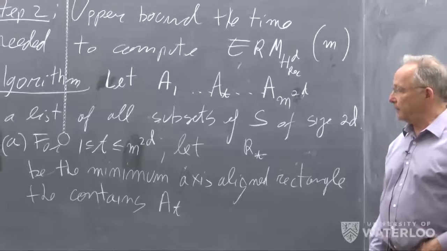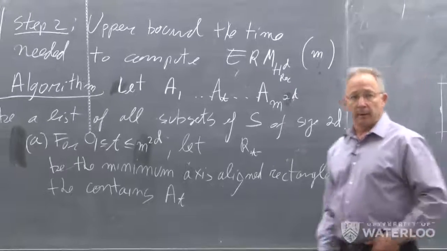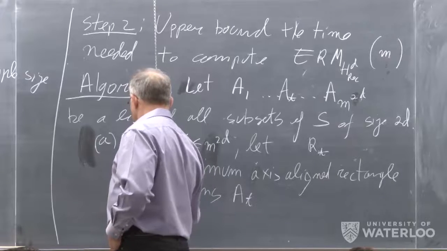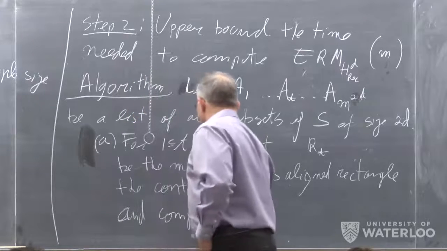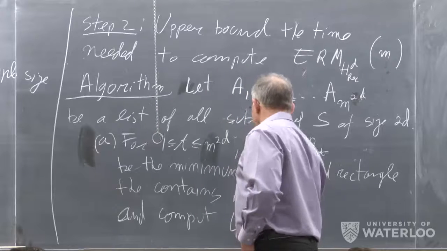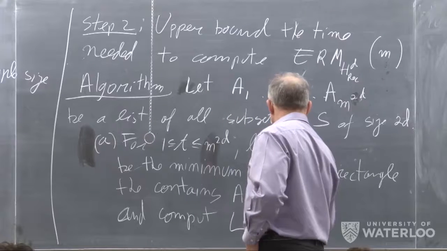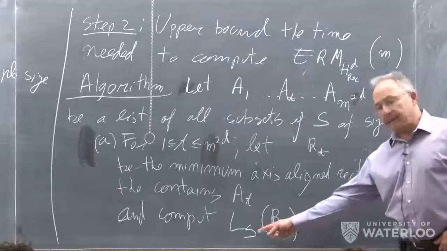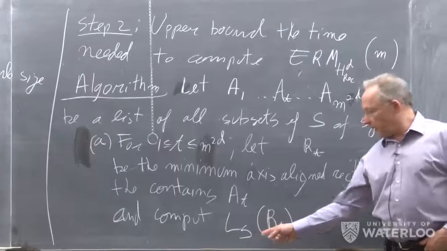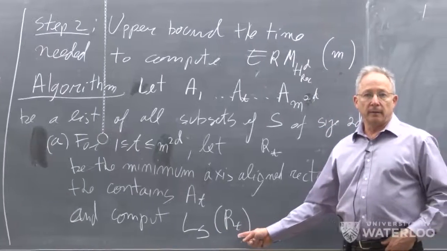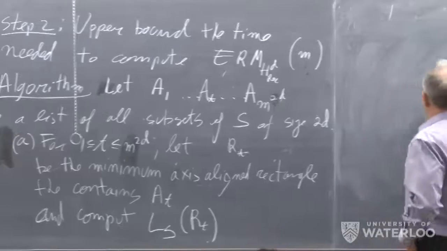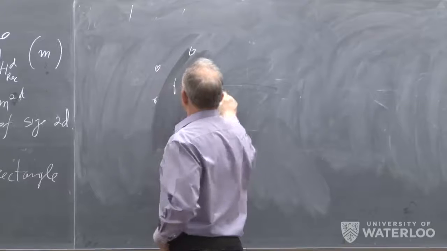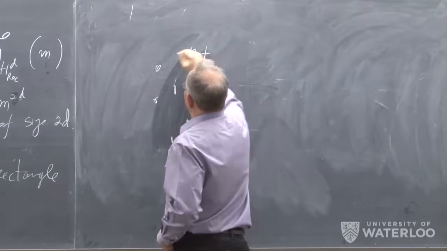And once you have calculated this rectangle, I also ask you to compute L_S of this R_T. So I ask you to compute the sample error of this rectangle. I have my sample, which is lots of points, and they are labeled plus or minus.